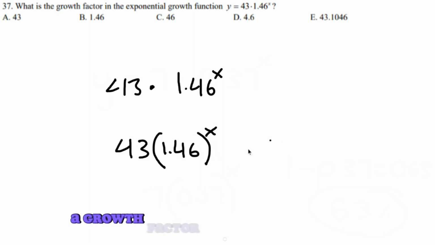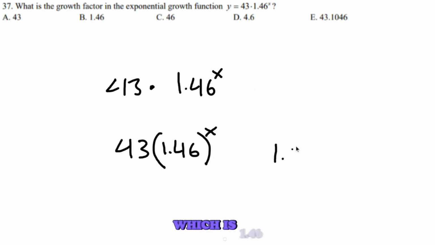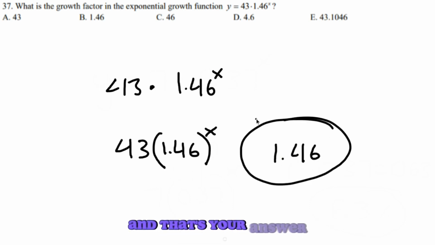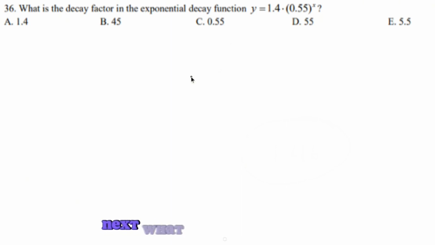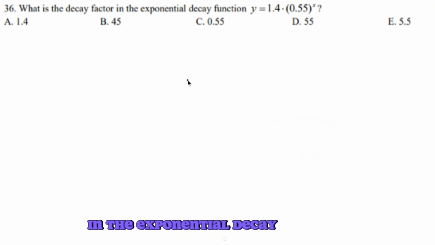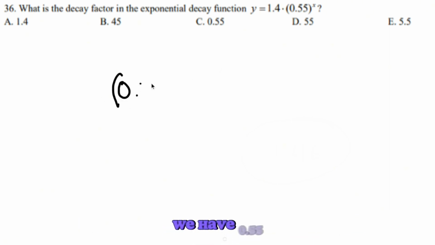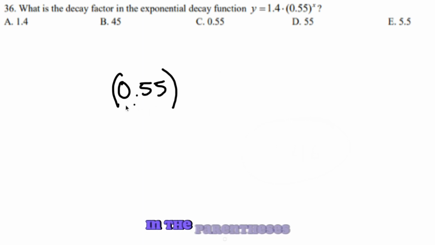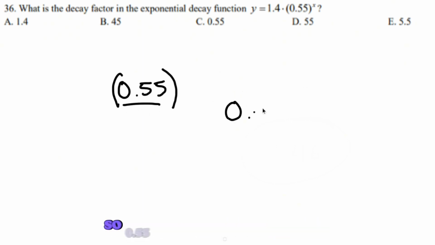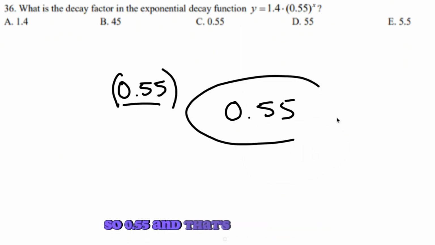So in this case, our growth factor is just whatever's in the parentheses, which is 1.46. And that's your answer. Next, what is the decay factor in the exponential decay function y equals 1.4 times parentheses 0.55 to the power of x? Alright, so we're just looking for the decay factor, which is the number in the parentheses. So in this case, we have 0.55 in the parentheses. So 0.55, and that's your answer.